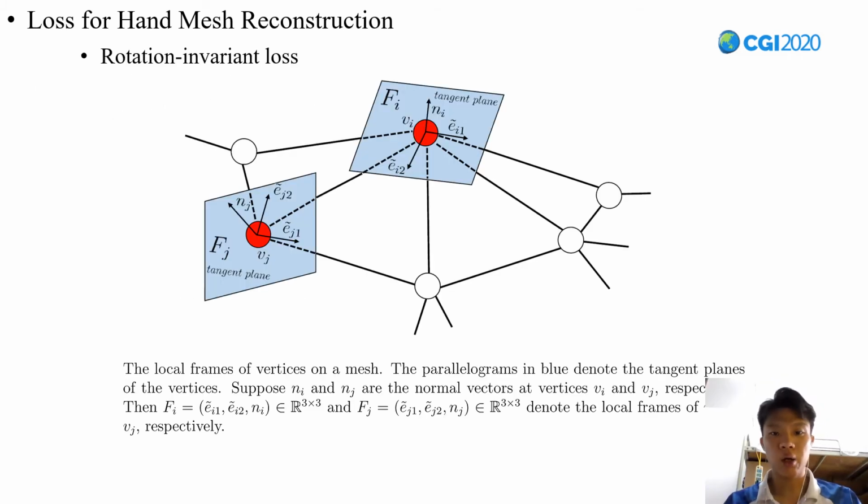The last part of the loss is rotation invariant loss. Rotation invariant loss is based on the local frames of vertex on the mesh.